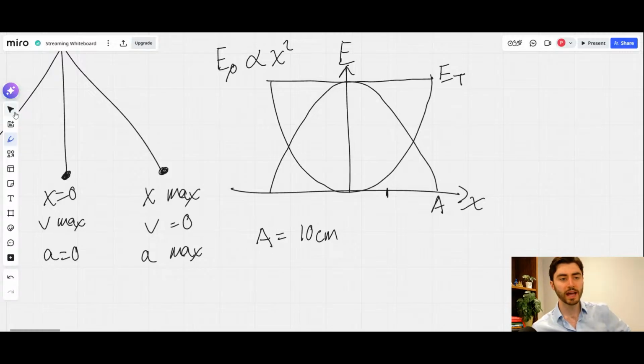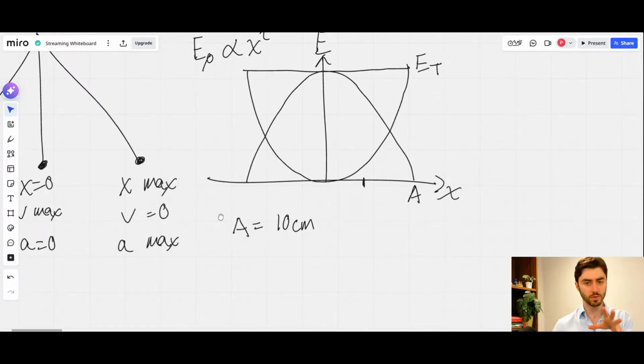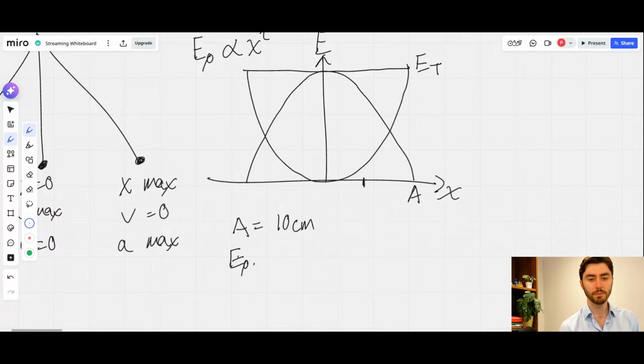Let's work out what would happen here. So we would know in this instance that the maximum potential, so the EP max, would be equal to a half kx squared. So let's say that k was 10 newtons per meter.